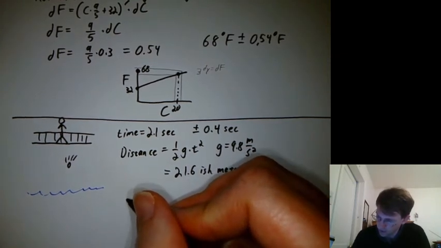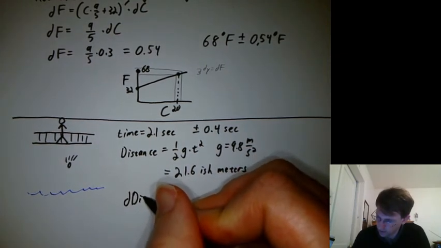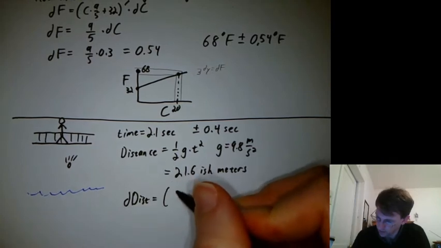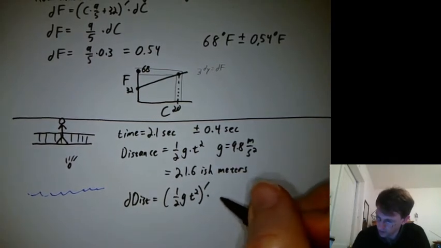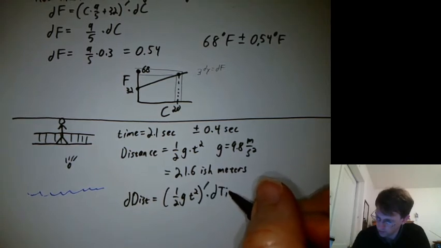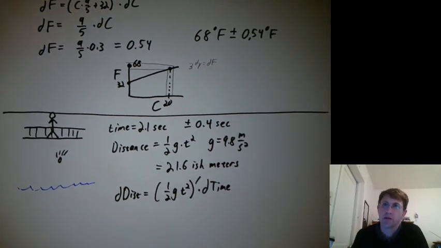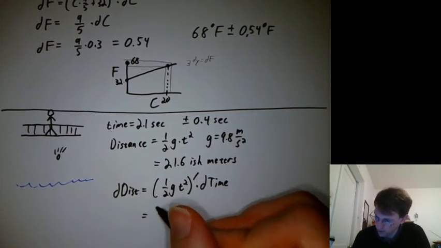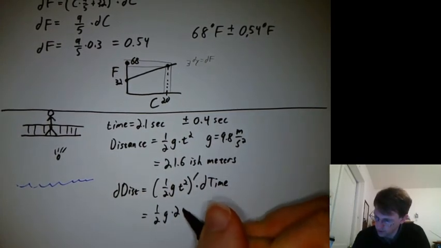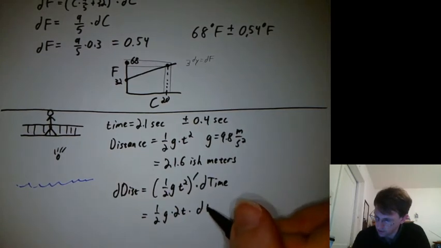So we would say d, distance, equals 1/2 g t squared, prime times d time. You could use like dt if you want. So that would be 1/2 g times 2t times d time.